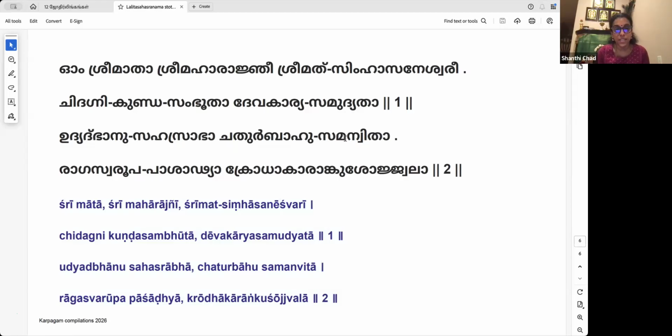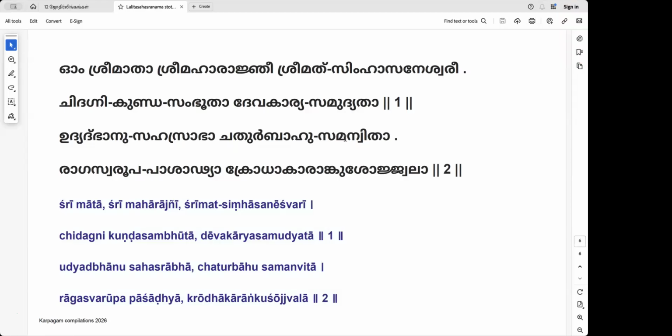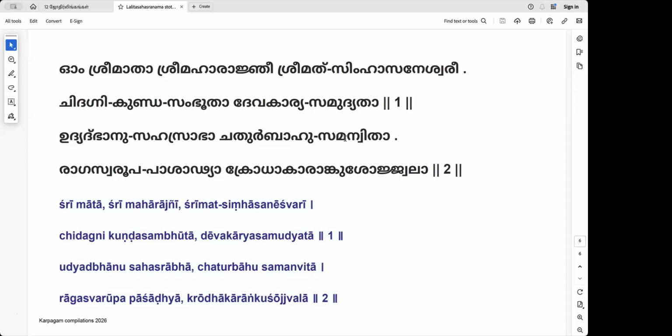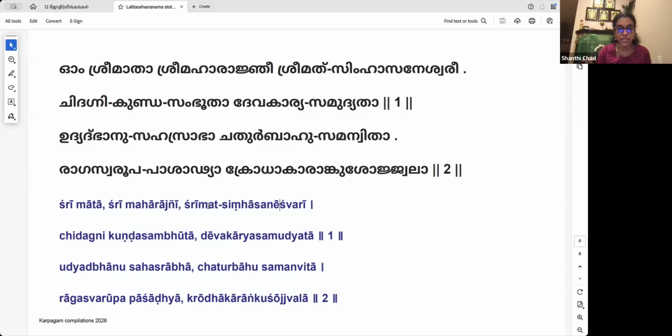Om Shri Mata. Shri Maharajni. Okay, this is the ij sound, and then it is a nya sound, like in Malayalam, how it shows nya, like the nyan.